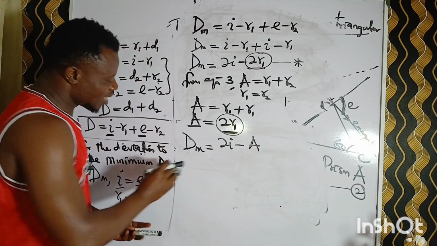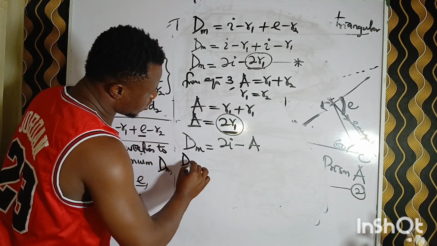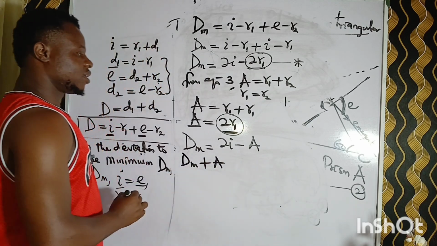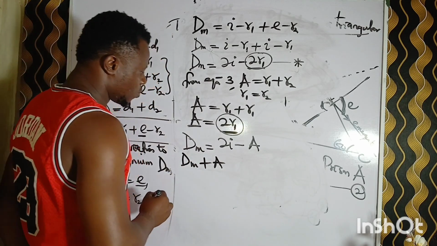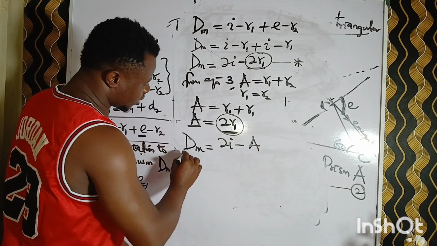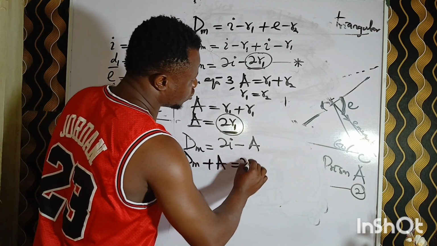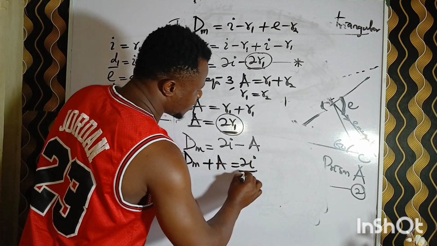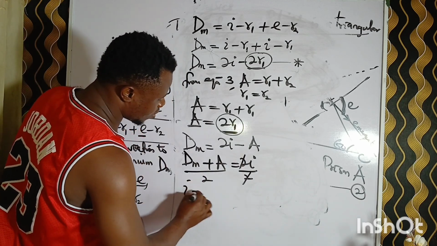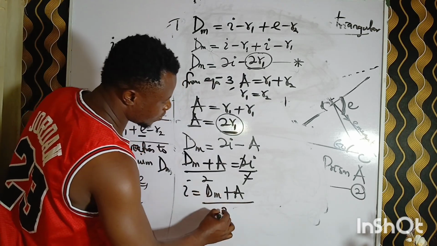Now let us get the angle of incidence. When dm, this crossover, we are going to have plus A. So dm plus A is equal to 2I. I will divide here by 2 and by 2, this cancels this, and I becomes dm plus A over 2.